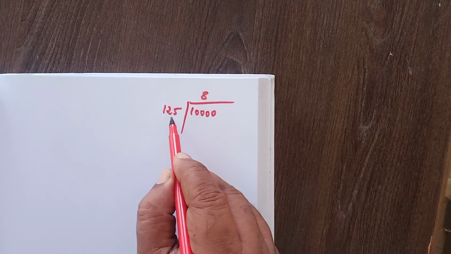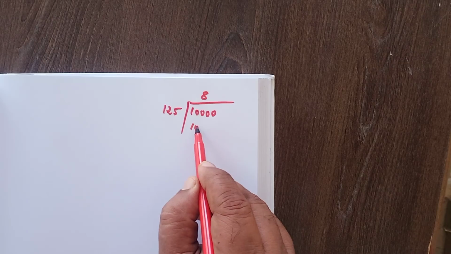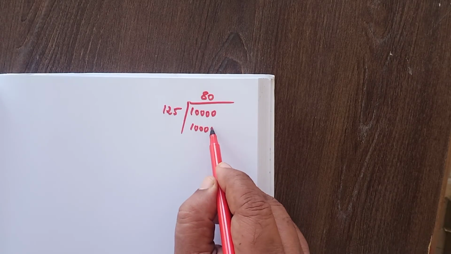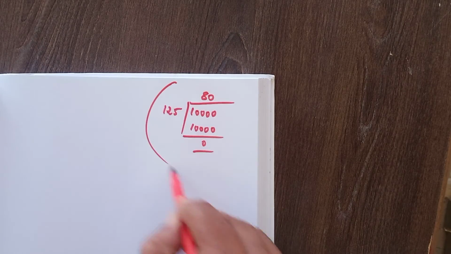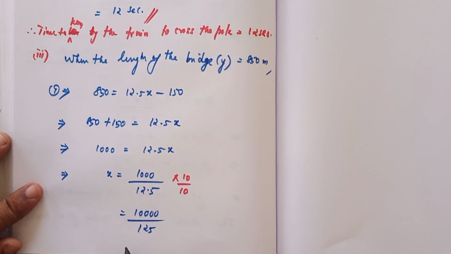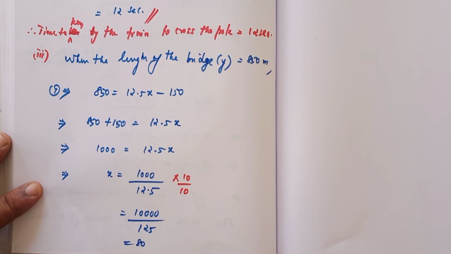8 125s are 1000, 0. So 80 125s are 10,000. So the answer is 80 seconds.